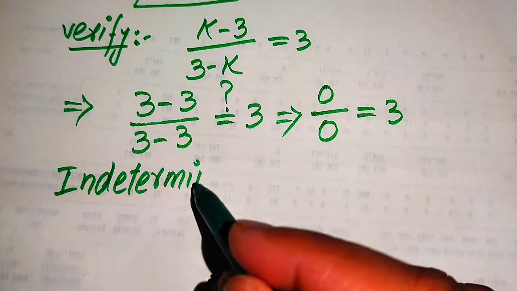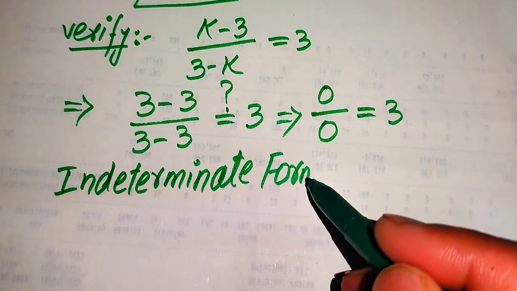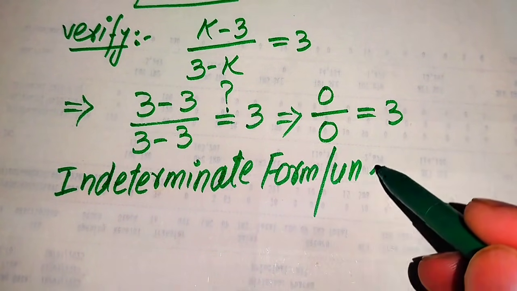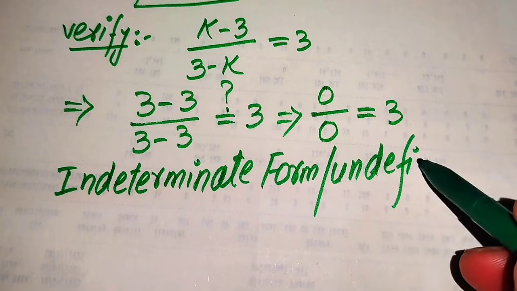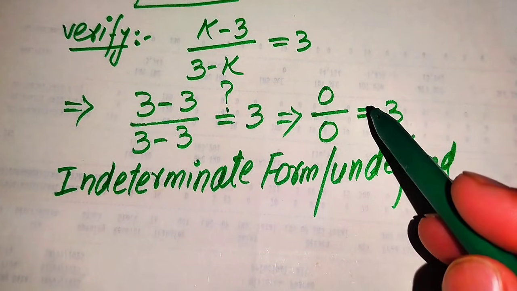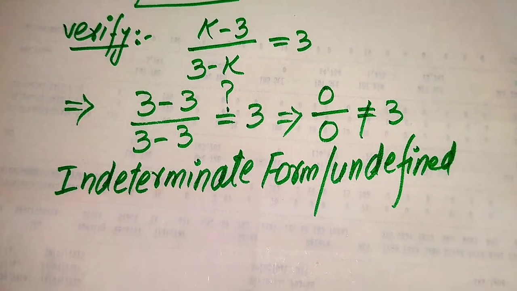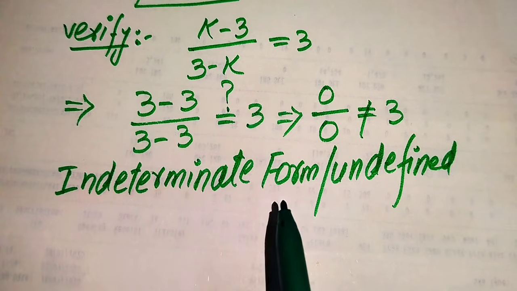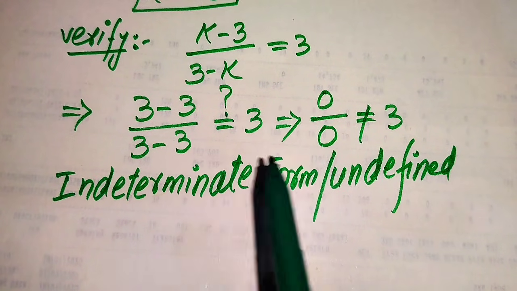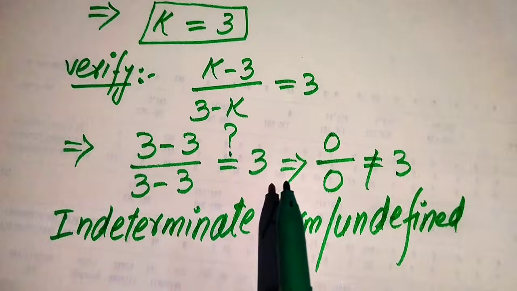So if our left hand side is an indeterminate form, or in other words undefined, this means that both sides are not equal. So this finally concludes that this value of k does not satisfy the given question statement.